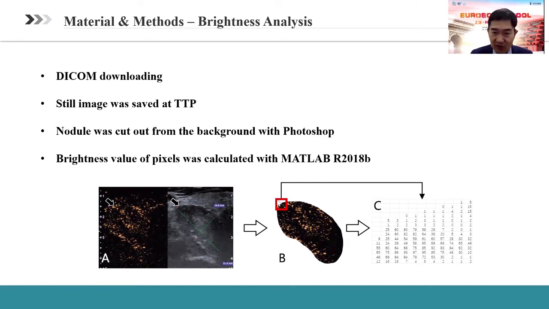For example, in this area, because there is no enhancement, there is no data, and in this area there is a different enhancement, which is then calculated. For example, this area is 1, 5, 15, 1, 1, 0, 1. So the brightness of the whole nodule was calculated.